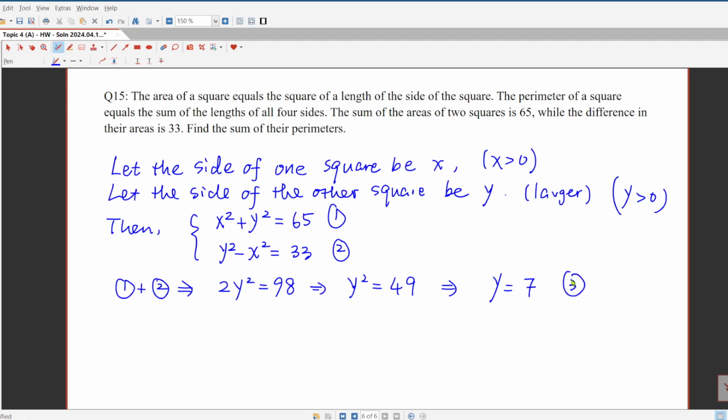And if y is 7, we can put it back into equation number 2. This will give us 49 minus x squared equals 33, which means x squared equals 16. Again, because x is greater than 0, we have only one solution. x must be positive 4, right?